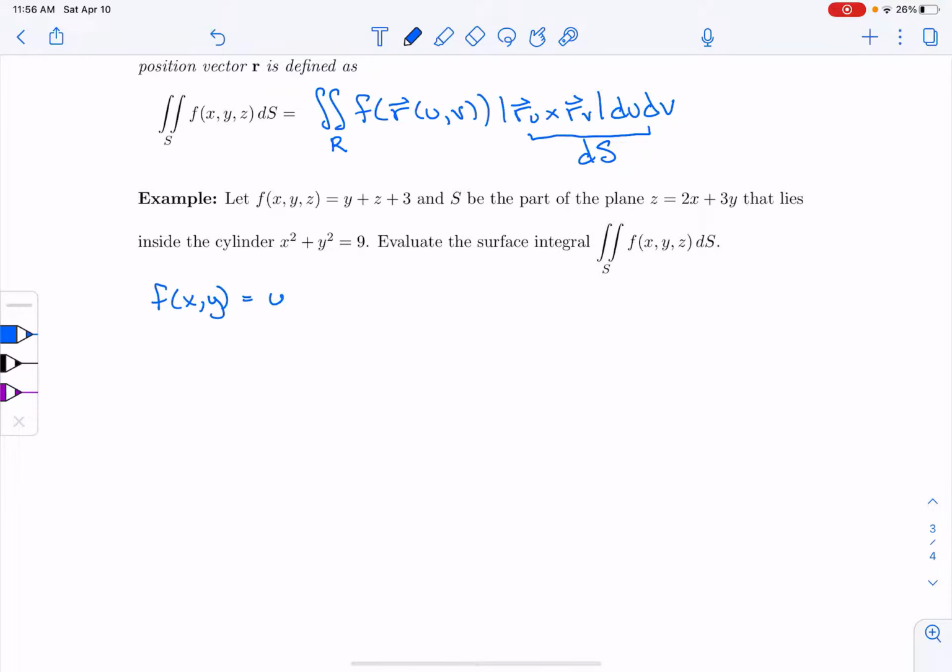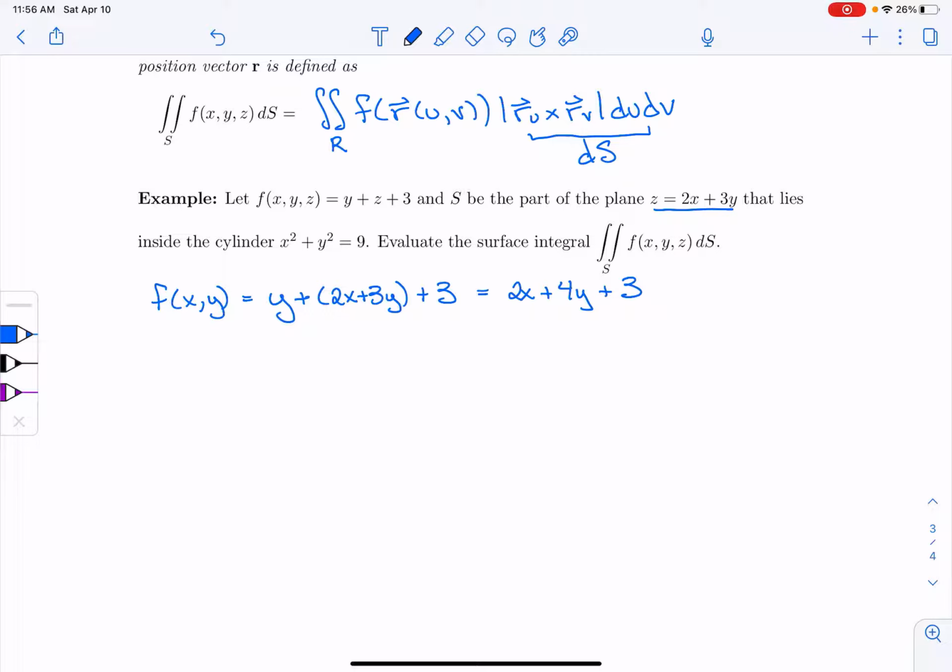So this will be y plus z, and z is 2x plus 3y on the surface of that plane. And then we're going to add 3. And so this becomes 2x plus 4y plus 3.